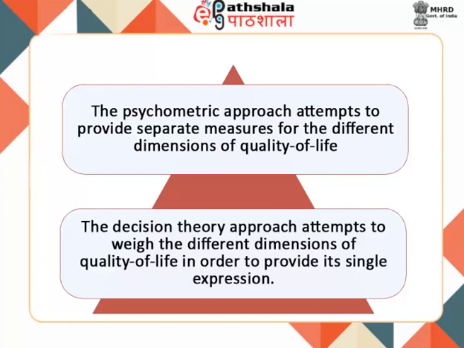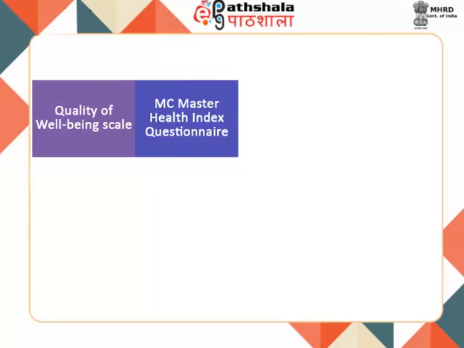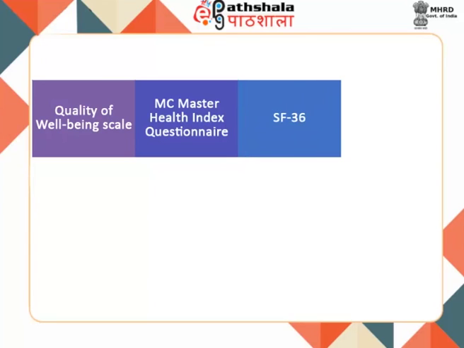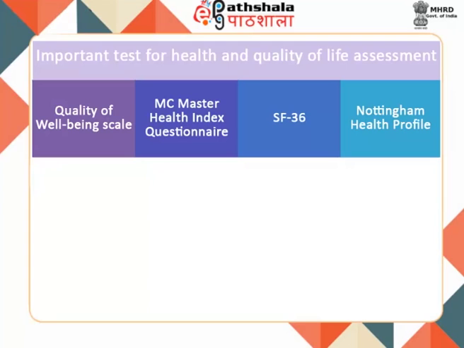The decision theory approach attempts to weigh the different dimensions of quality of life in order to provide a single expression. The Quality of Well-Being Scale, the McMaster Health Index Questionnaire, the SF-36, and the Nottingham Health Profile are other important tests for health and quality of life assessment.